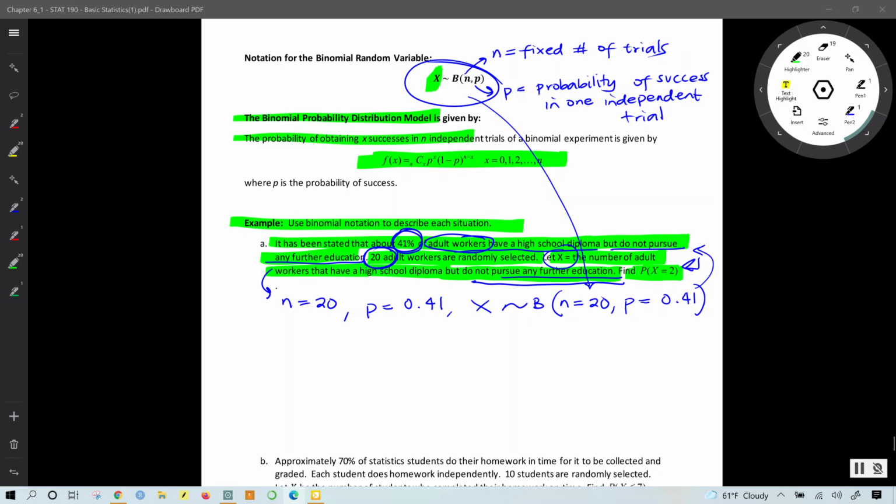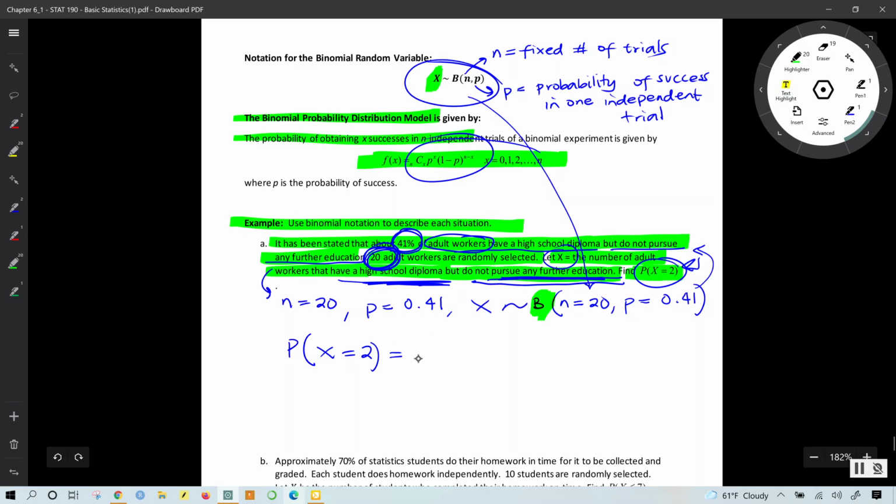Now, since this is binomial, in order to find the probability that out of these 20, only 2 of them will have a high school diploma and will not pursue any further education, we can use this formula, which is n combination x multiplied by p raised to power x, times 1 minus p raised to n minus x.